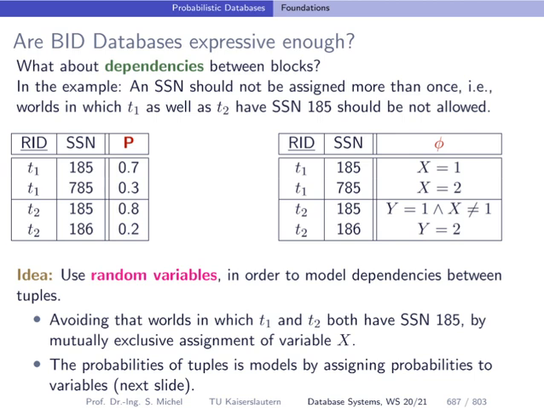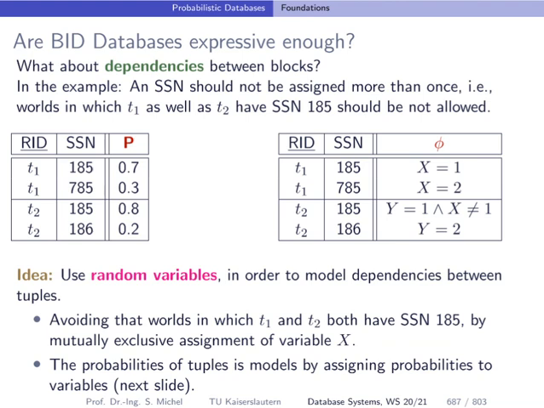The block-independent databases from before, from 2 slides earlier, are also not really expressive enough for all cases because there could be dependencies between the blocks. We will not really go into detail because we will only look later on at tuple-independent databases to keep the discussion simple. So why would you need, however, dependencies between blocks?